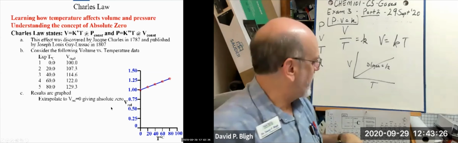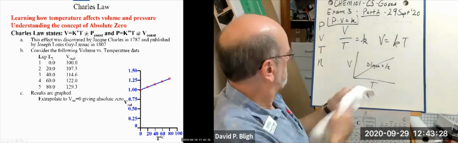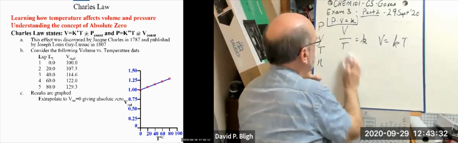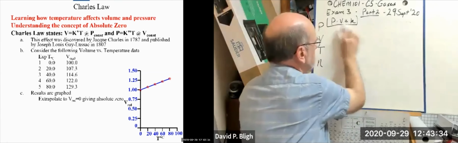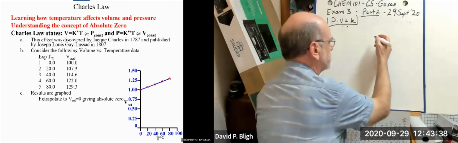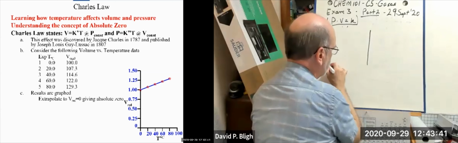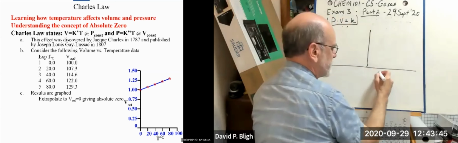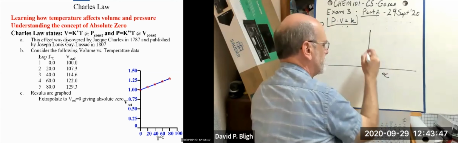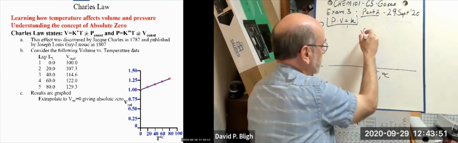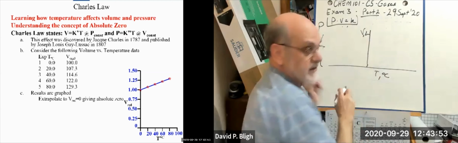Okay, so if we do that, let's make some room here. If we do that, and we have centigrade scale here, and that's temperature, and this is volume, and we'll just say it's liters.